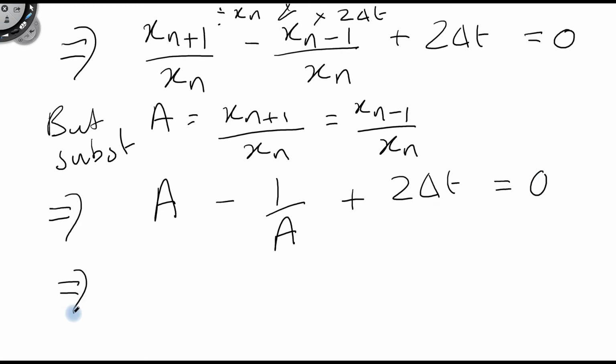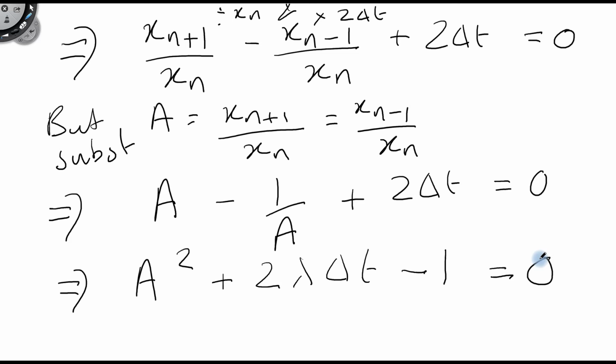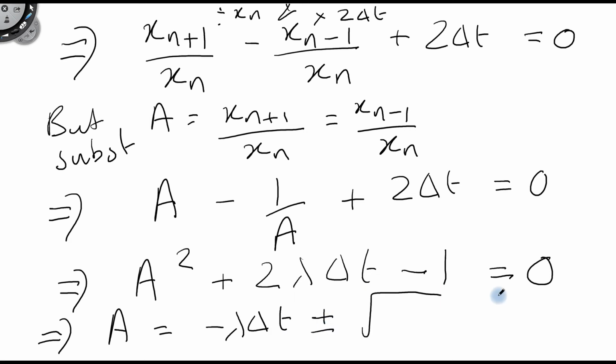And what we end up with then is a quadratic equation for A. If we use our quadratic formula, we get A is minus B on 2A, which is minus lambda delta t, plus or minus the square root of B squared minus 4AC on 2A, which gives you lambda squared delta t squared plus 1.